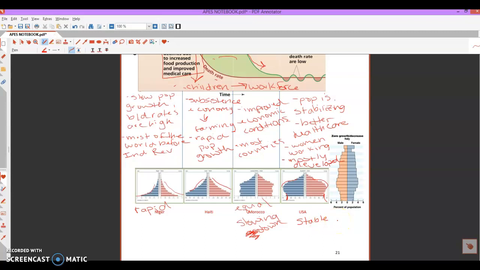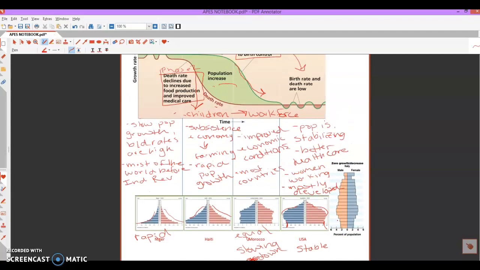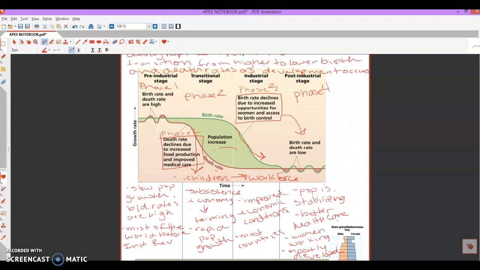Okay. Now, there is what we call a theoretical phase 5. Okay. So that's what this graph is down here. So we have theoretical phase 5.